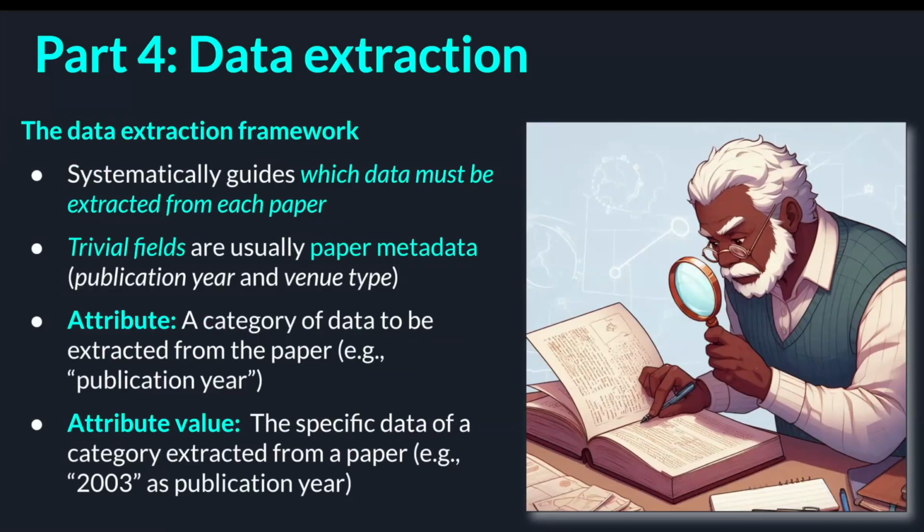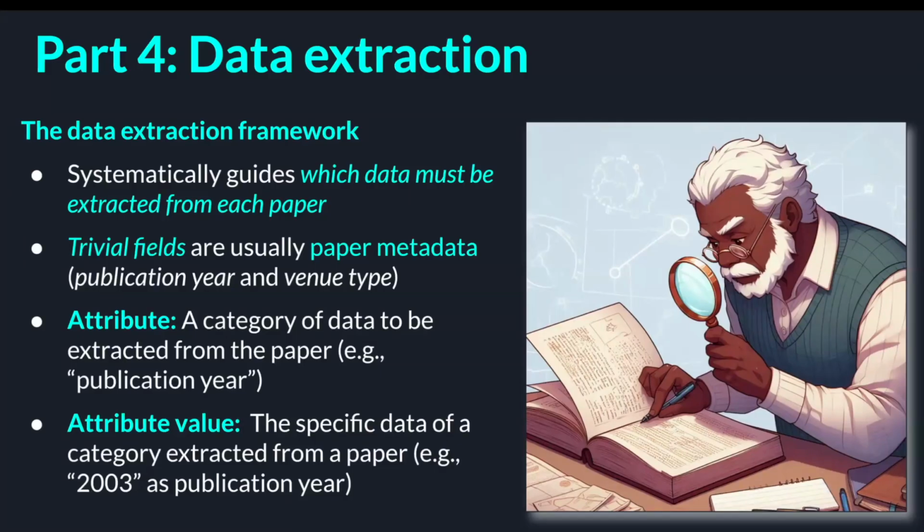So what is the data extraction framework? It's just a glorified Google Sheet or Excel sheet, whatever you're using, that you can use to systematically extract the data from each of your primary studies. The trivial fields which you usually have there, and which Zotero and Publish or Perish already download for you neatly, are the paper metadata, right? So where was it published? When was it published?